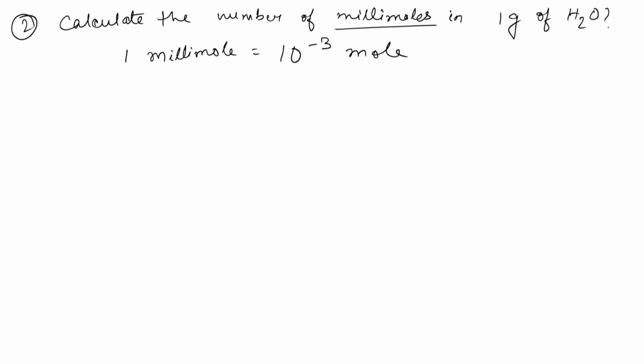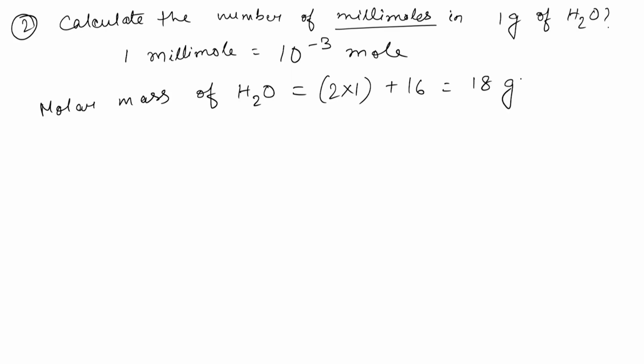Okay. So, first find out the number of moles in 1 gram of water. Molar mass of water is equal to 2 into 1 plus 16. So, 18 grams. Okay. 18 grams of water is equal to 1 mole.